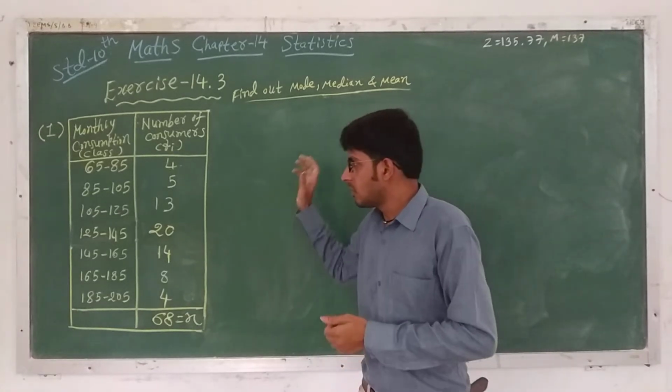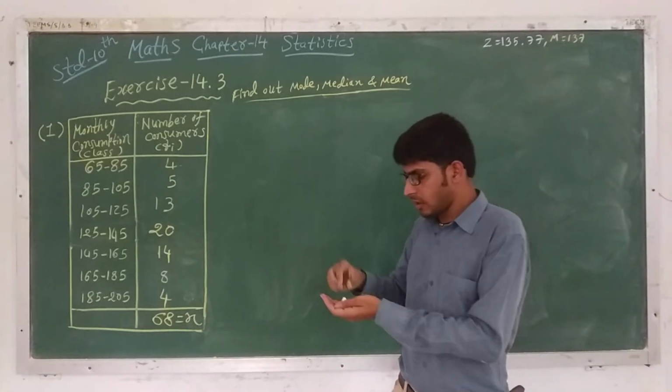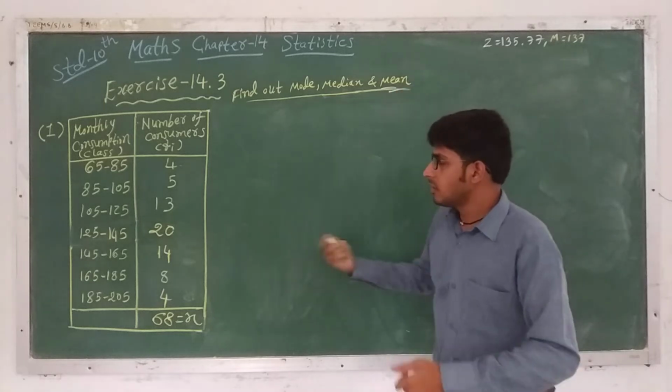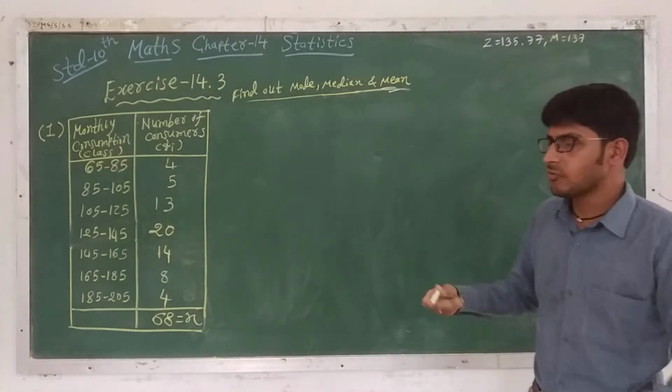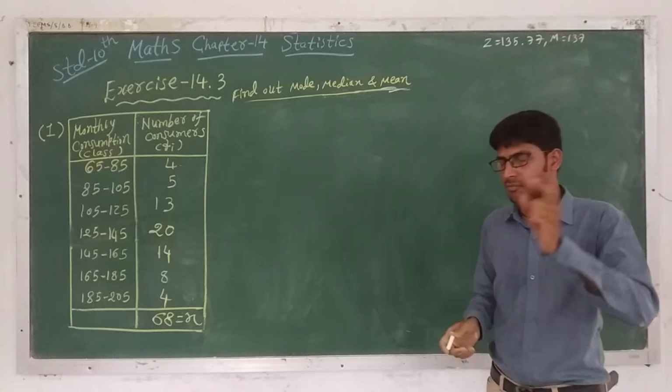Next and last, same question, we have to find out the mean. Here the classes will be the same, so we have to apply the step deviation method. So what is the formula for finding the mean by using the step deviation method?